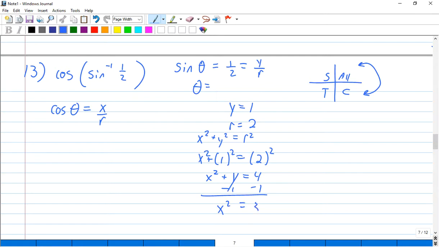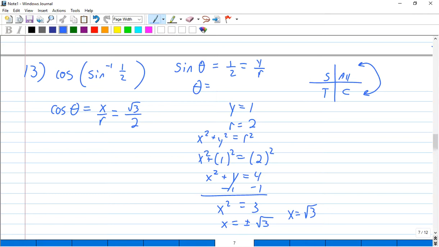So x squared equals 3. So x equals plus or minus the square root of 3. But I'm in the first quadrant, so it's x equals a positive square root of 3. That's where this inverse was defined. So that's square root of 3 over, what was the radius? 2.